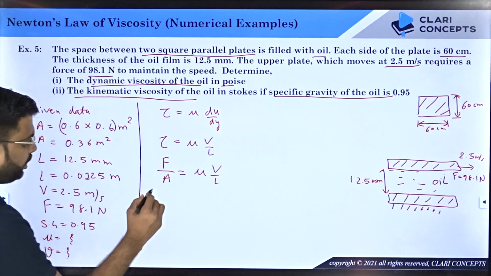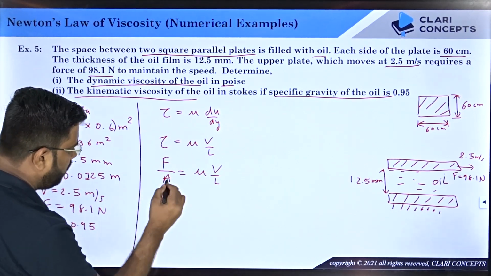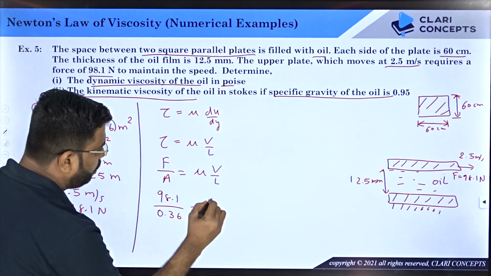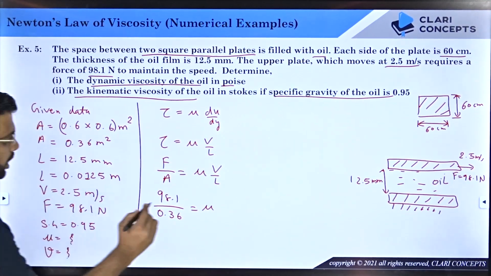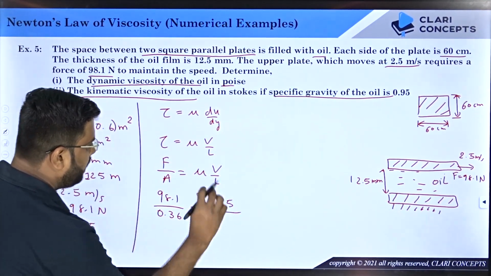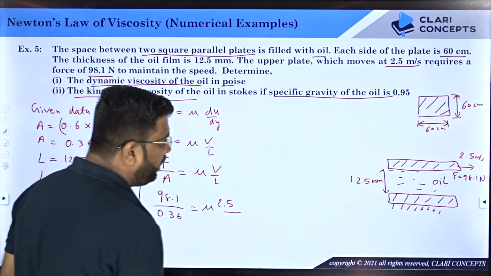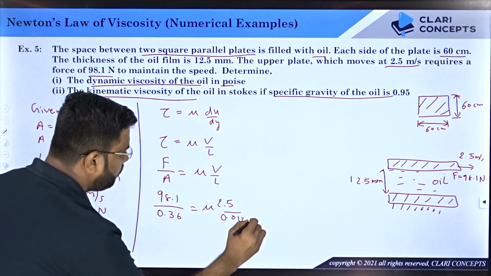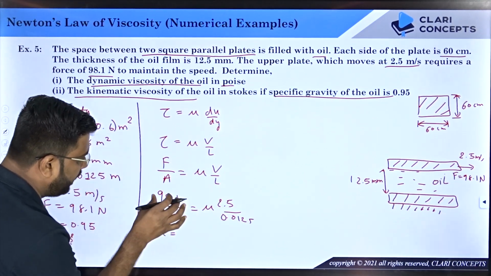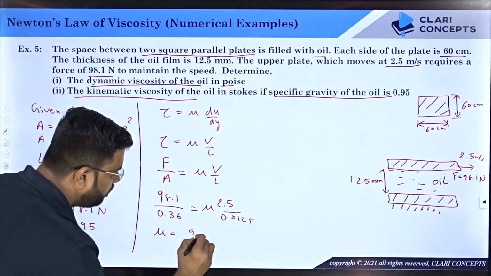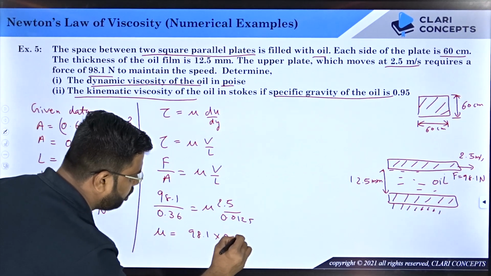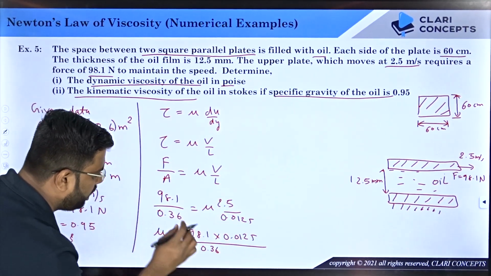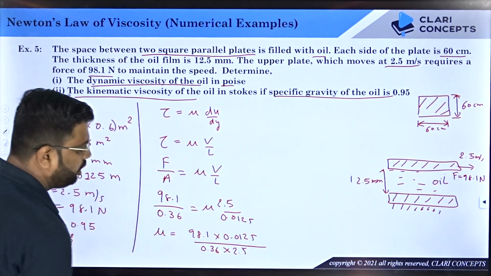Force given to you is 98.1, area is 0.36, mu you don't know, velocity V is 2.5 meter per second, thickness of the oil film is 0.0125. So mu equals 98.1 into 0.0125, and then 0.36 in the denominator, and take this with 2.5, sorry.